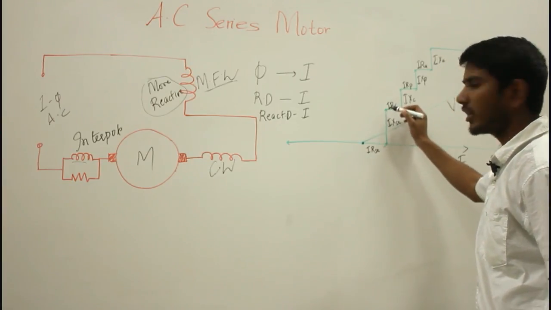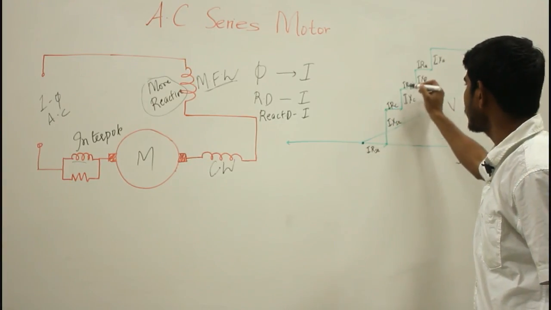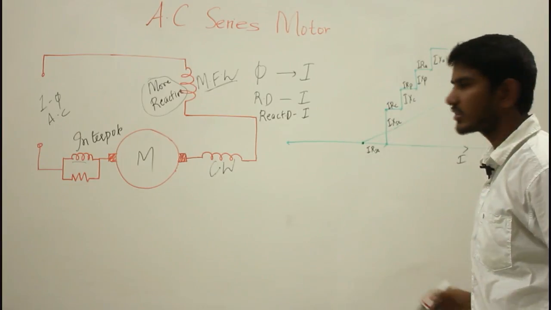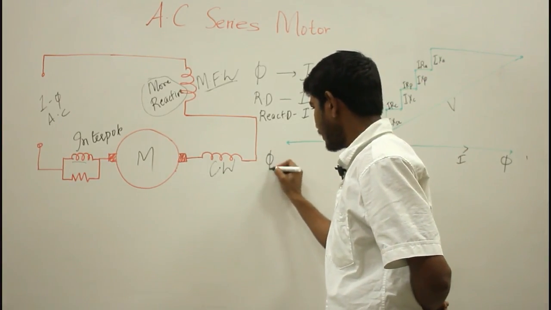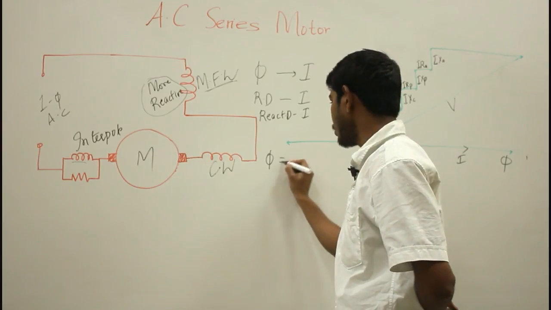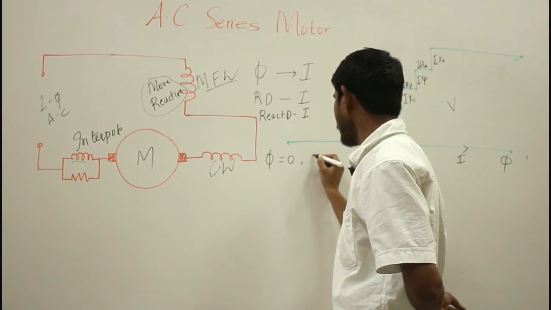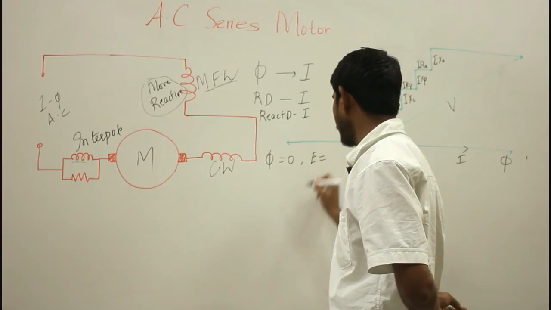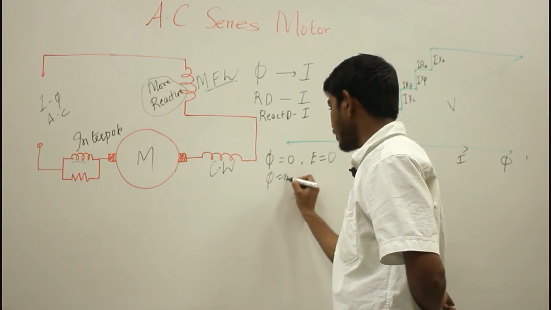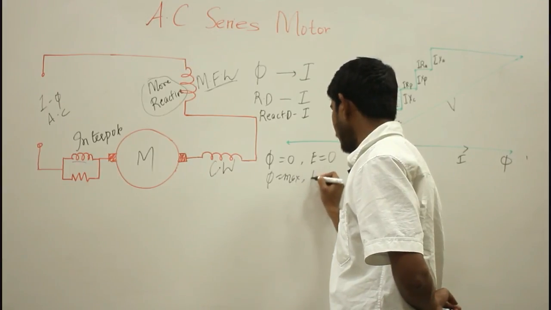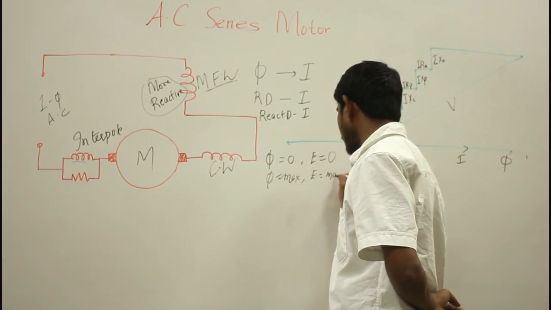Thereby we draw this phasor to a greater length compared to the other reactive phasors. So when the flux phi is 0, the generated EMF will be 0. When the flux phi is maximum, the generated EMF will be maximum.